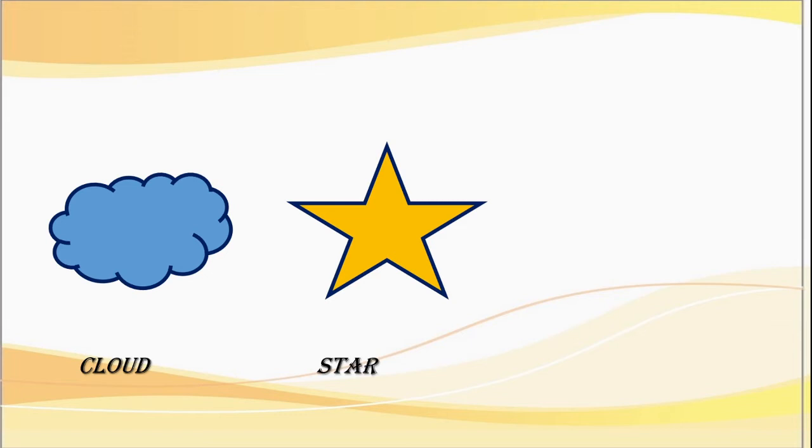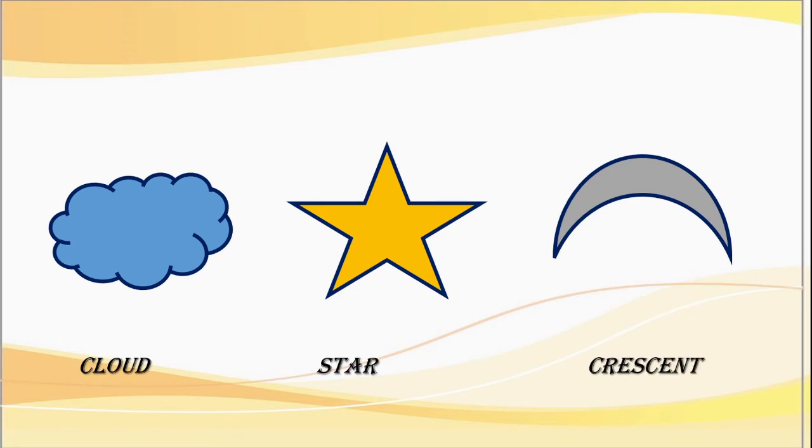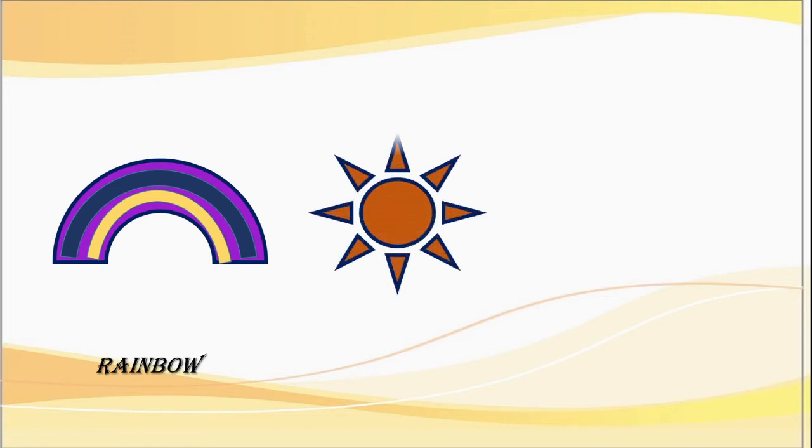Star. This is called crescent shape, or crescent moon. Yes, next is rainbow shape. It has 3 colors now here, but the real rainbow has 7 colors. Okay, this is our flower, orange flower.